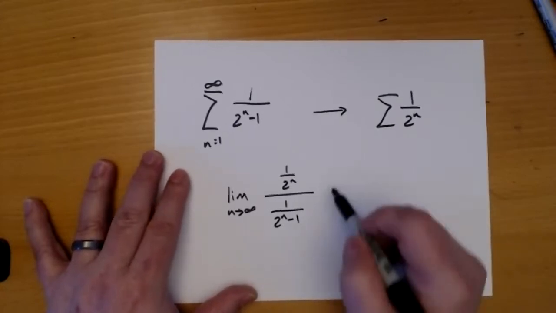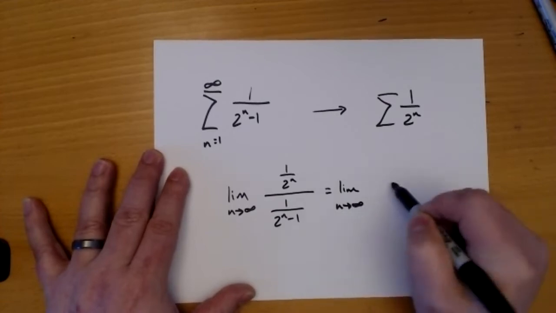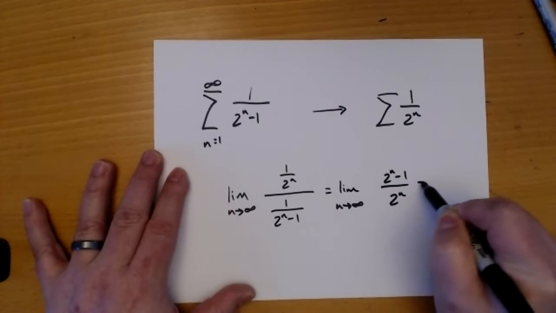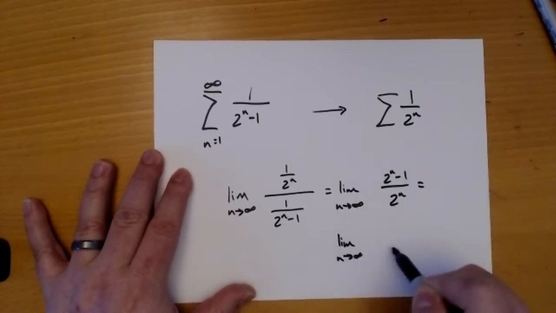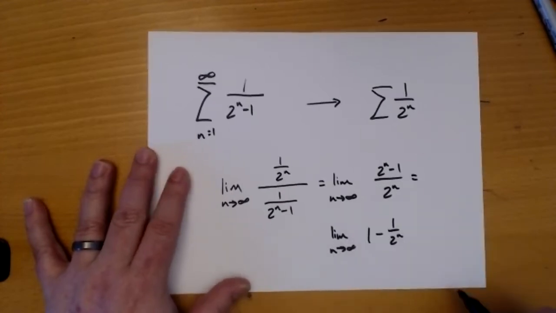This goes to 2 to the n minus 1 all over 2 to the n, which is the limit as n approaches infinity of 1 minus 1 over 2 to the n.